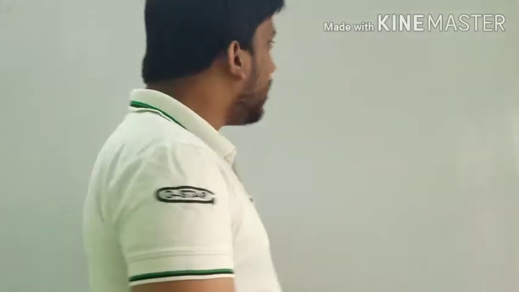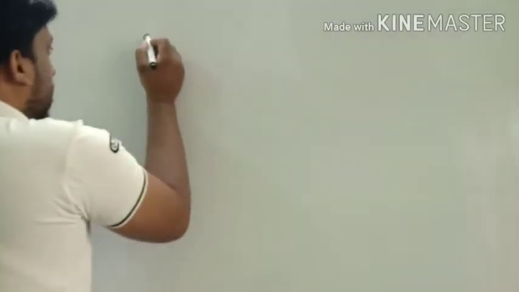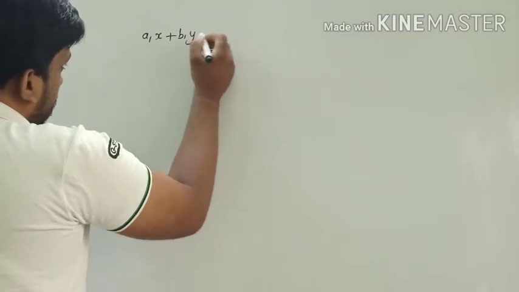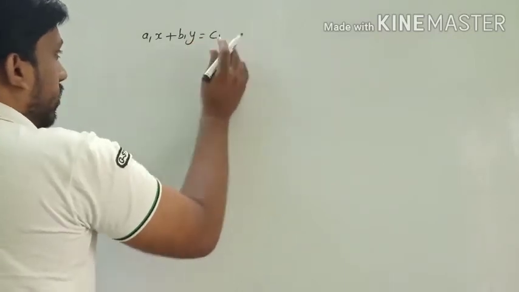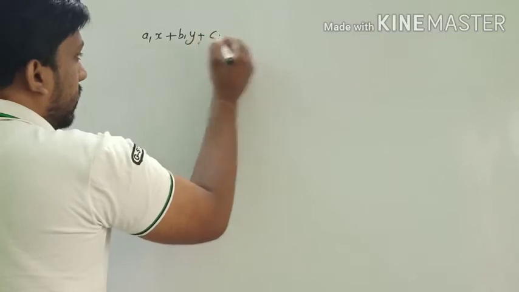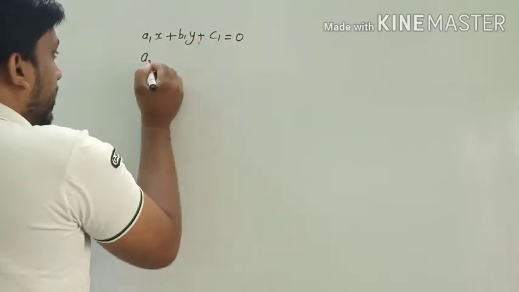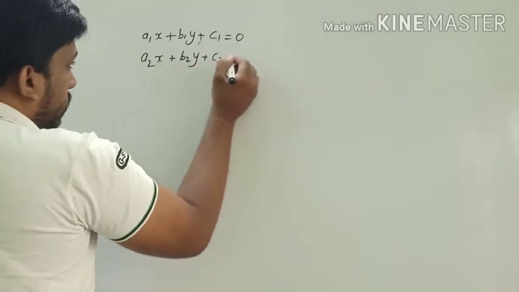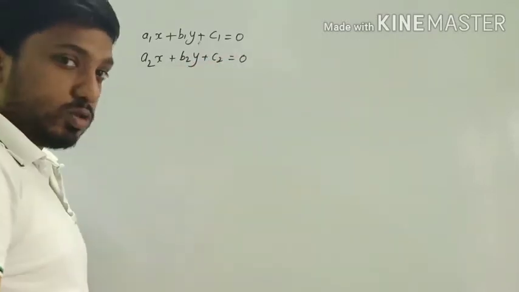Linear equation in a substitution method. So obviously whenever there is an equation, that is a1x plus b1y is equal to c1, or plus c1 is equal to 0, a2x plus b2y plus c2 is equal to 0. This is the pair of linear equations in two variables.